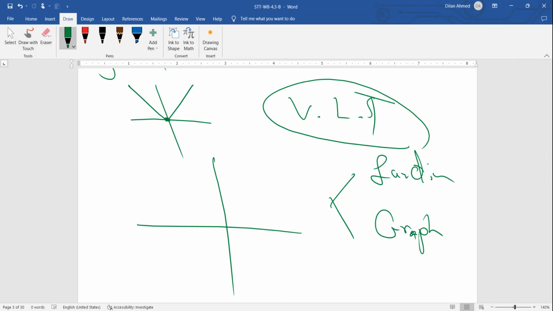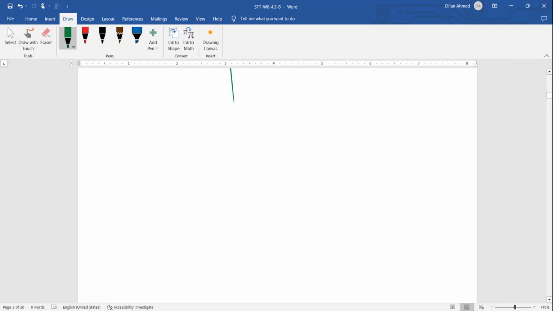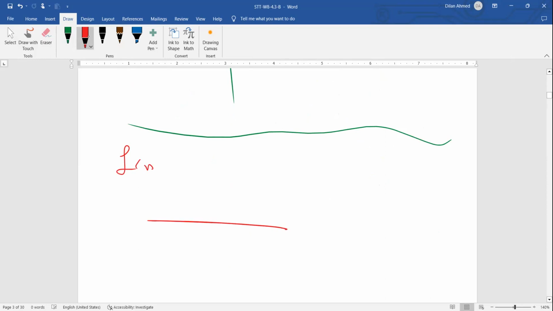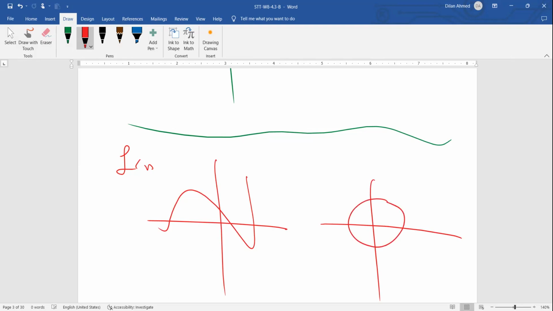All functions are graphs, but not all graphs are functions. If you ask me about these two, which one is the function?